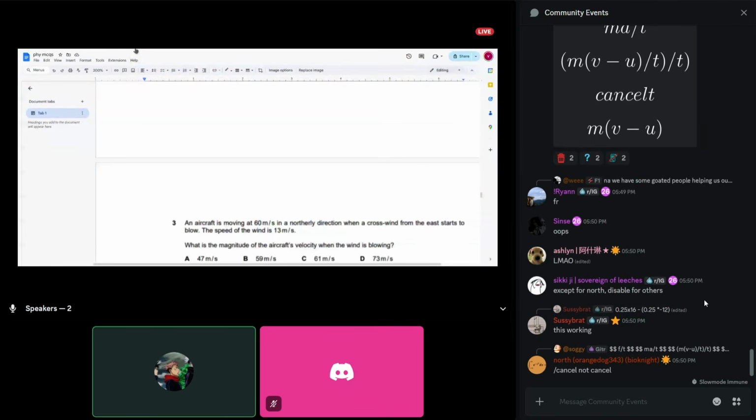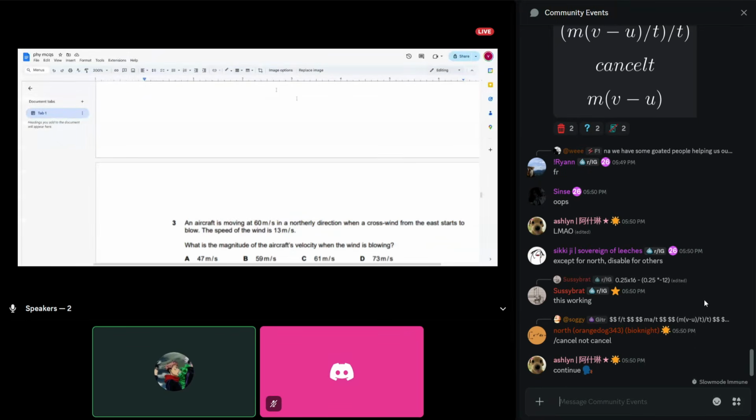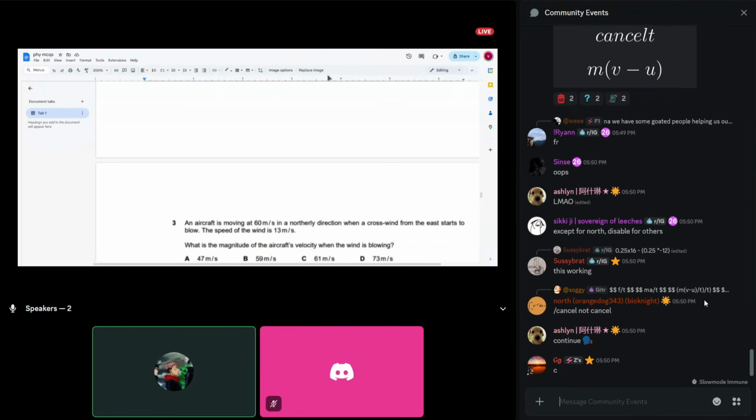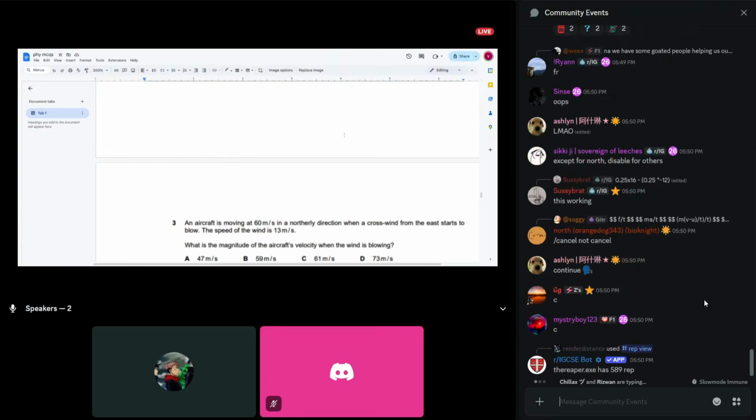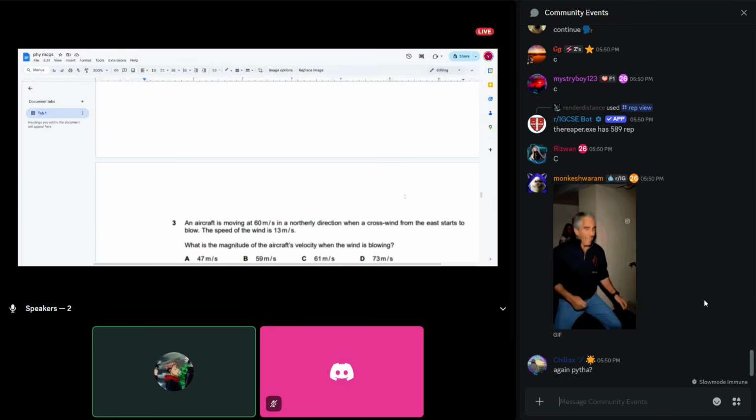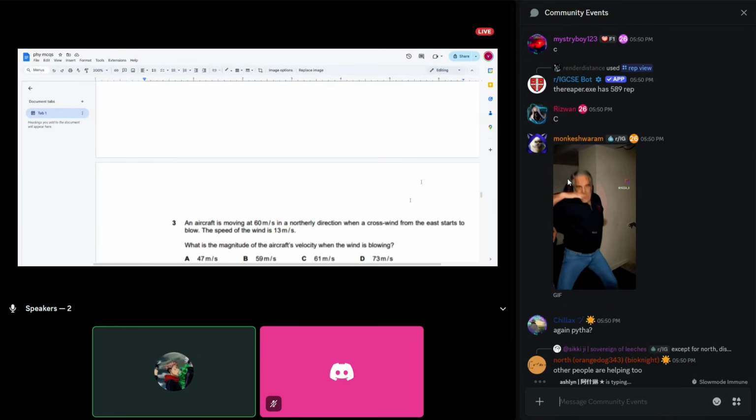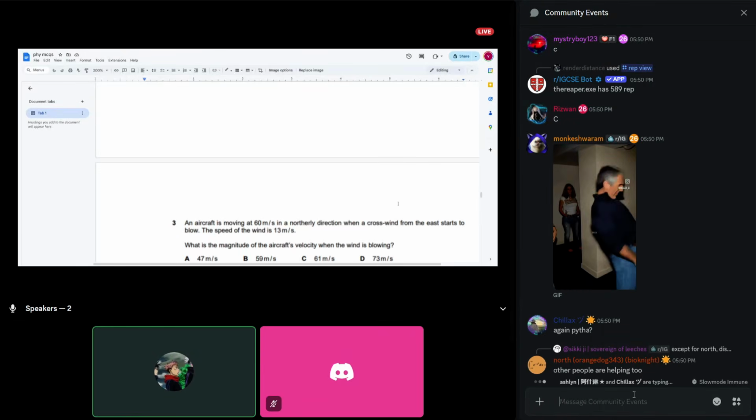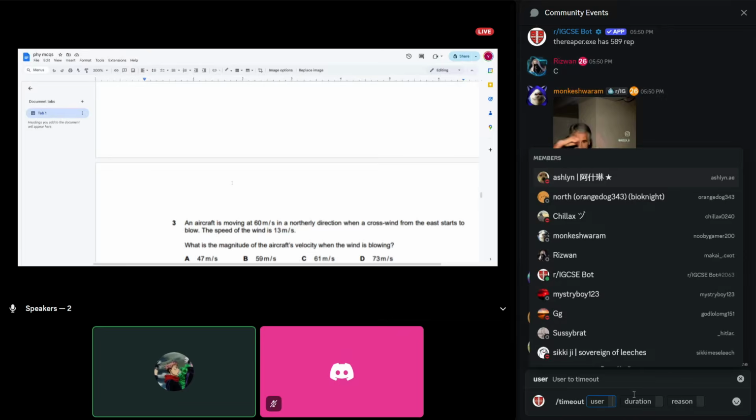This is a similar principle to the very first question. An aircraft is moving at 60 meters per second in a northern direction, so up. When a crosswind from the east starts to blow, the speed of the wind is 13 meters per second. What is the magnitude of the aircraft's velocity when the wind is blowing?